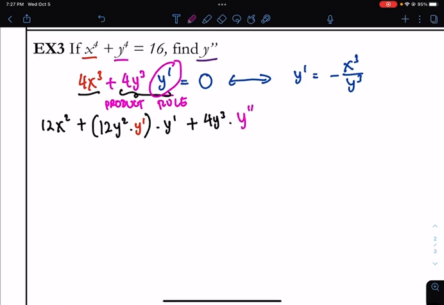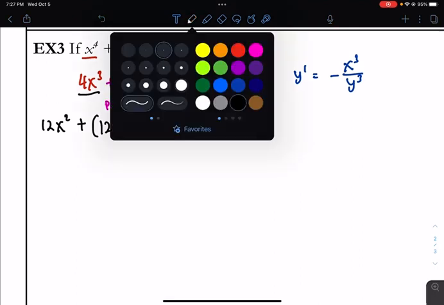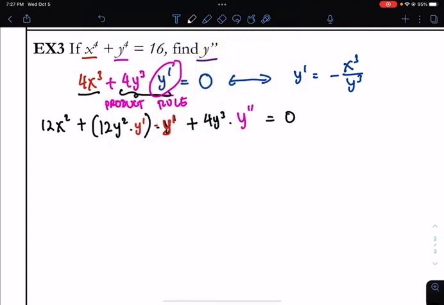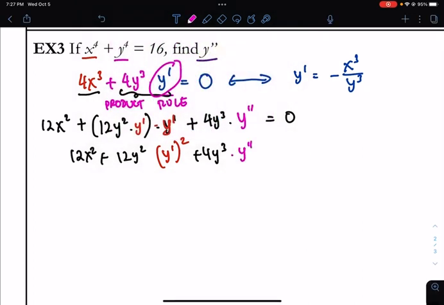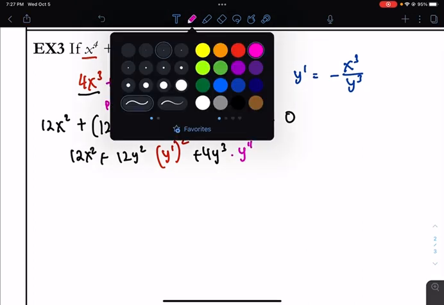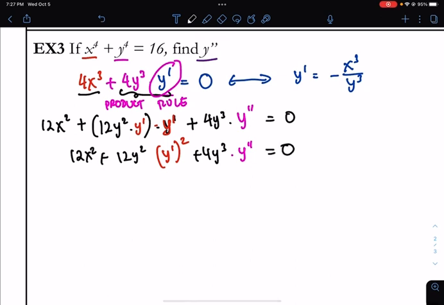Okay, so let me put the same color for the first derivative so you see it, equals 0. Okay, so if we simplify, we have 12x squared, 12y squared, and if you notice, the y prime is actually squared, because y prime times y prime is y prime squared, plus 4y cubed times y double prime, right? Second derivative of y, equals 0.